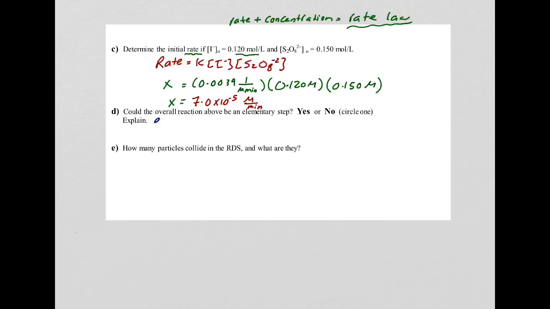Because an elementary step is 1 single step, we said you can use the coefficient as an order. You guys remember that? So for an elementary step, the stoichiometric coefficient would be the order.